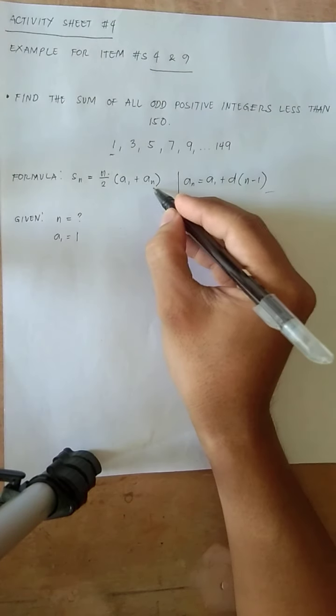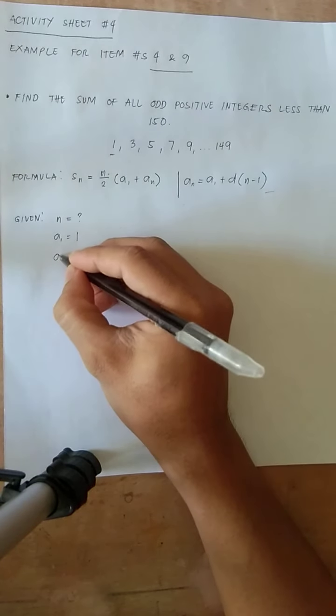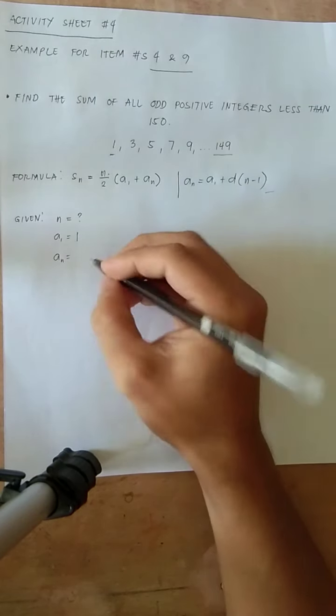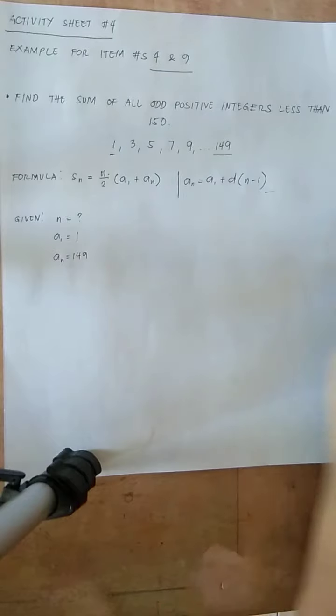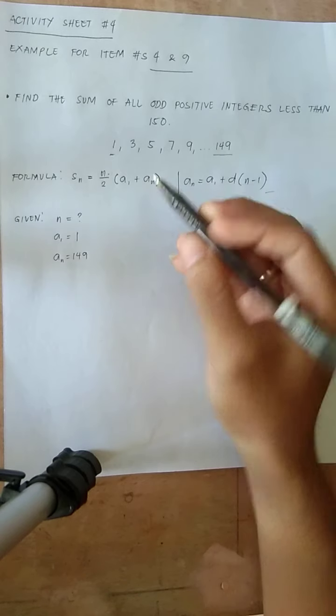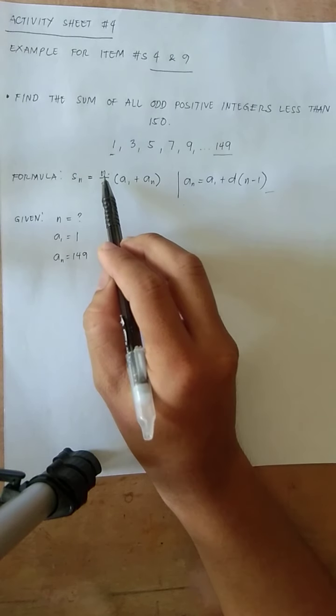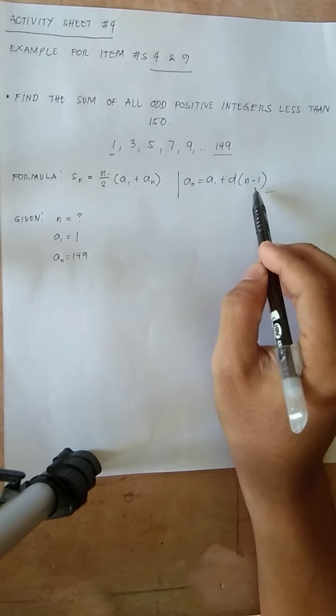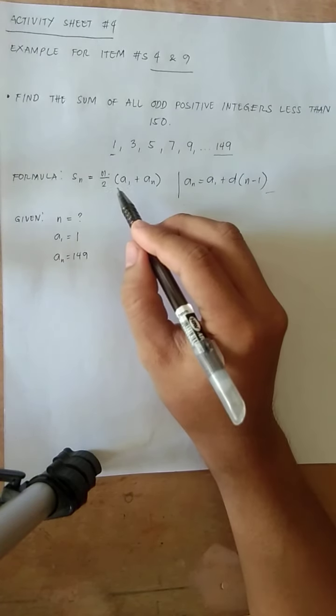And what about the last term, the a sub n? The a sub n, is it given? Yes, that's 149. Okay? Now, as I have said earlier, if there is a missing value of these variables, then that means we have to go back to this formula to find the value of that missing variable.